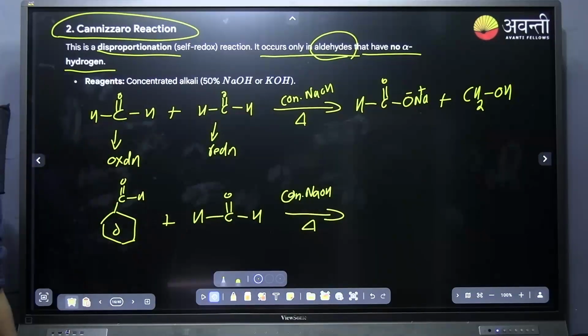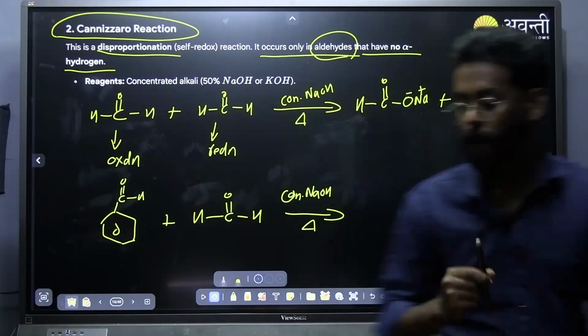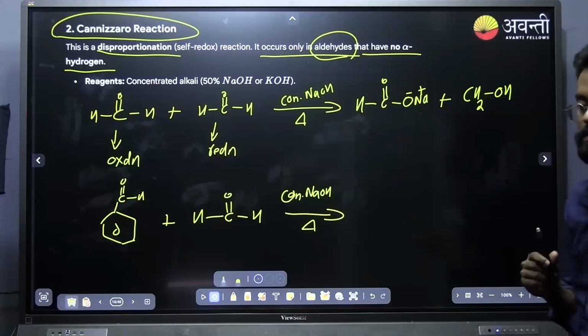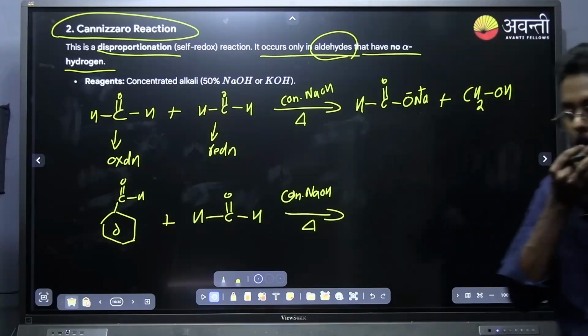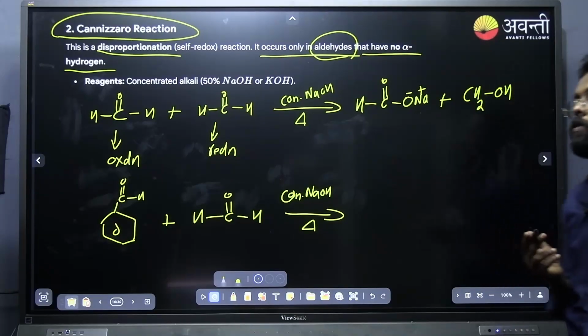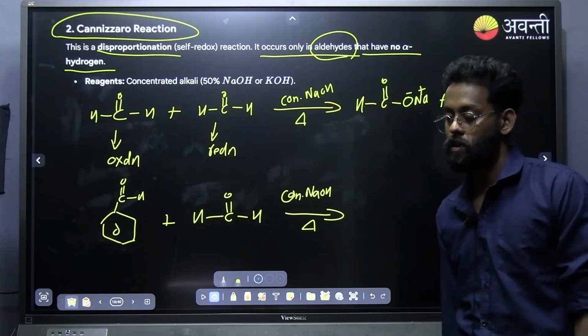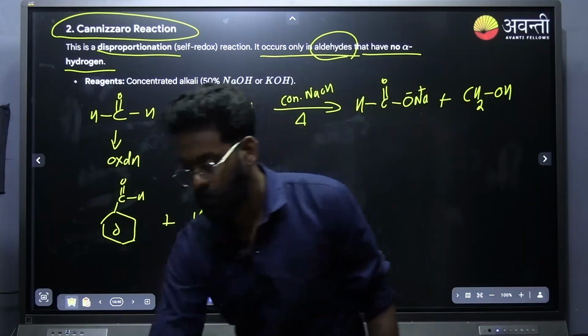That is my question. Who is going to give me the answer? Anybody here? Which one is going to oxidize, which one is going to reduce? Nobody? Let me check the chat box.